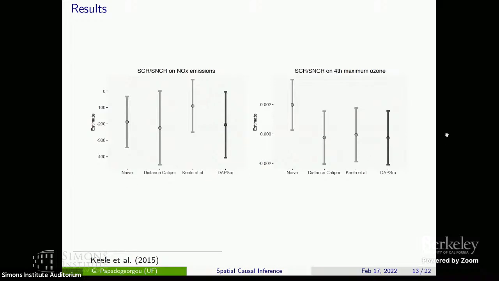But when space is incorporated in all of these three methods, we see that even though SCRs and CR systems seem to be reducing NOx emissions, they don't seem to have an effect on ambient ozone concentrations, which is more realistic than the analysis that doesn't incorporate space.